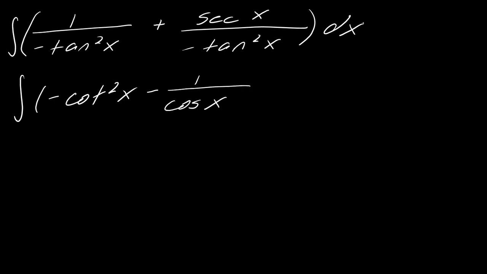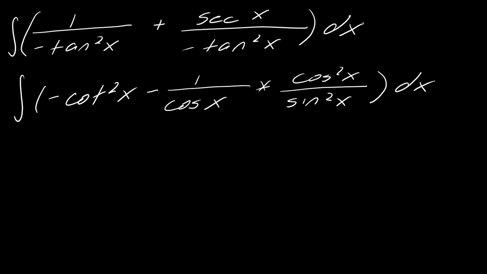And then being over tangent squared x, tangent is sine over cosine, but since it's in the denominator, this is cosine squared x over sine squared x. And so then you can see that this cosine will drop out. So now what am I left with? I'm left with negative cotangent squared x minus cosine x.